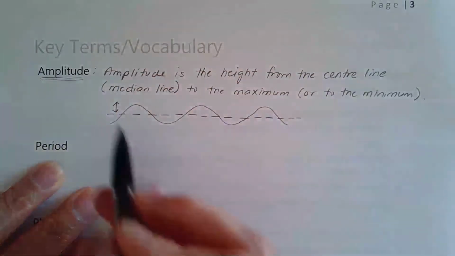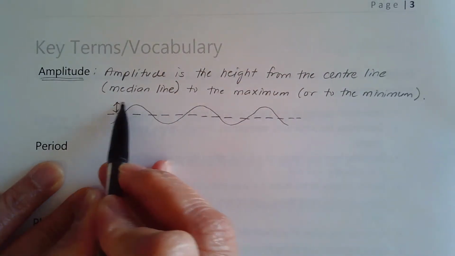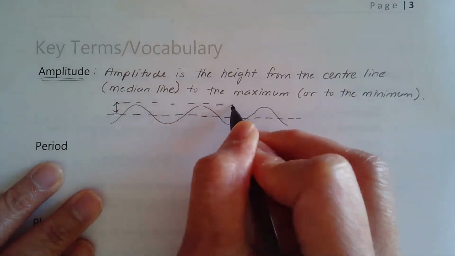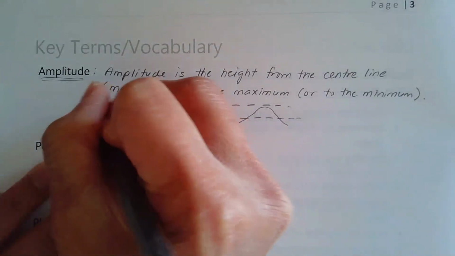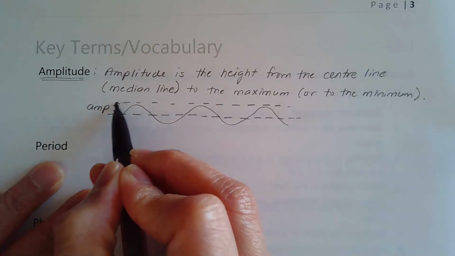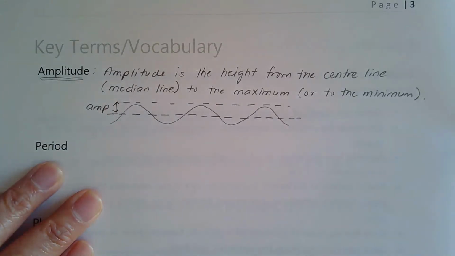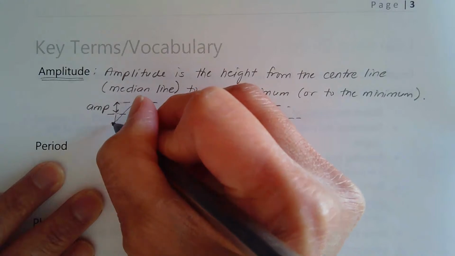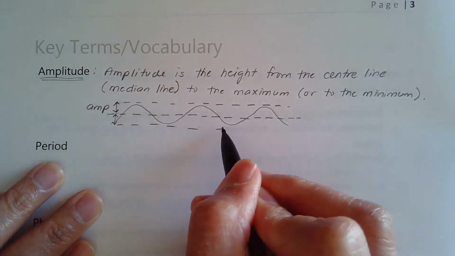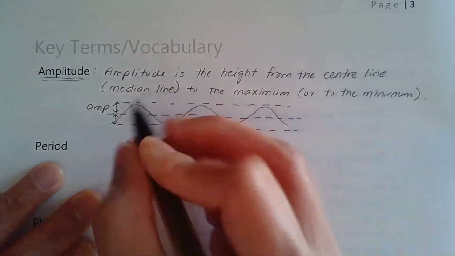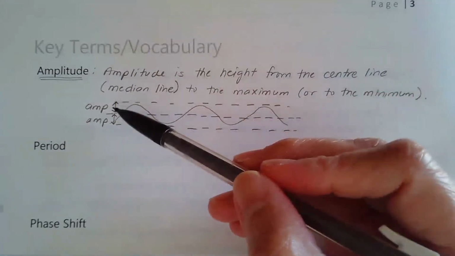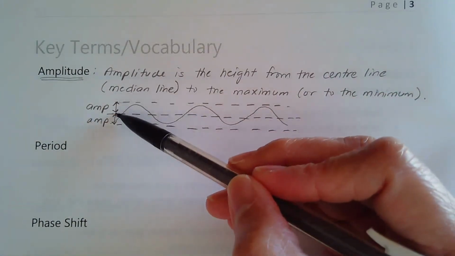This is your amplitude from the median line to the highest point, the maximum, or from the median line to the minimum, the lowest point. So this is also called amplitude. There are two ways you can look at that: from median to max or from median to minimum.